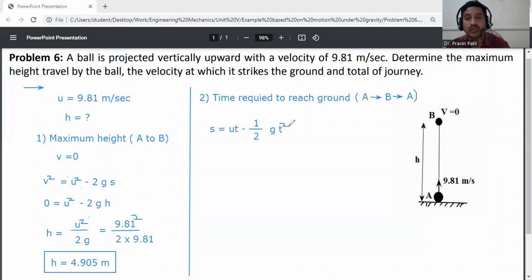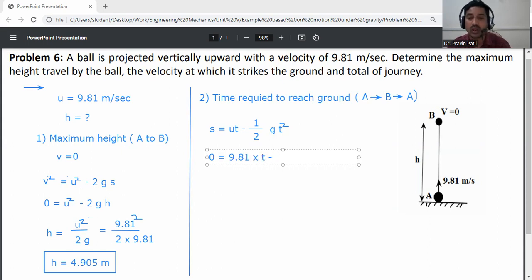When the stone reaches the ground, the distance from A will be 0, since it has traveled from A to A. So 0 is equal to ut, where u is 9.81, and t we need to calculate.